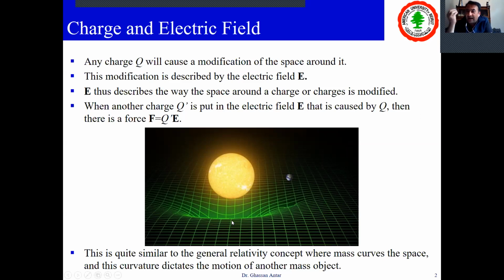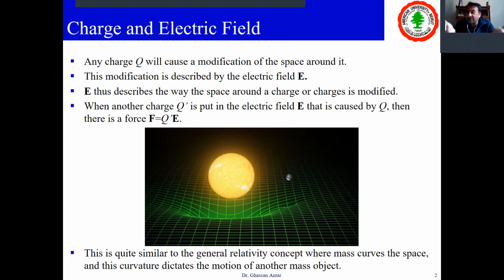So something similar happens, but not with mass, with charge. The way this modification of space occurs is described by the electric field E. The electric field describes the modification of the space around a given charge. That is the definition of the electric field.